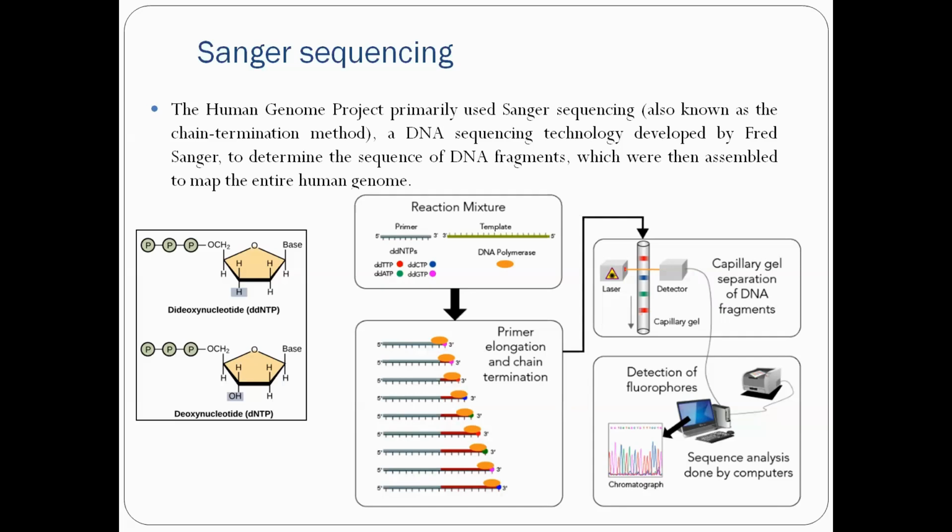A key player here is the dideoxynucleotides or ddNTPs. On the extreme left, we can see the structure of dNTP and how it varies from ddNTP. In ddNTP, the hydroxyl group is replaced by hydrogen.